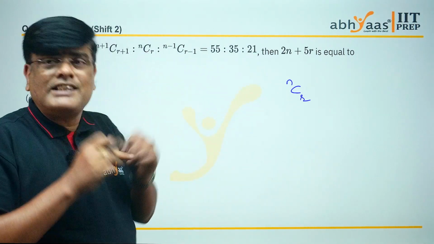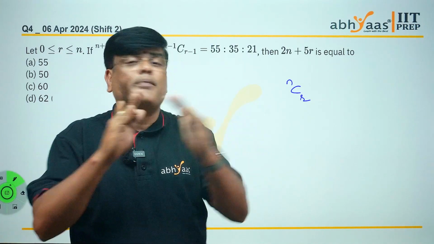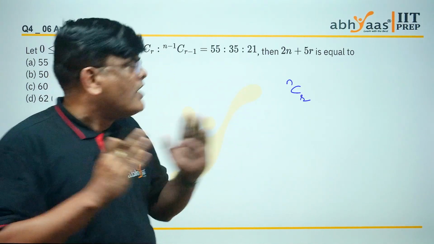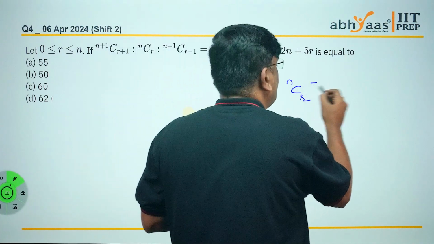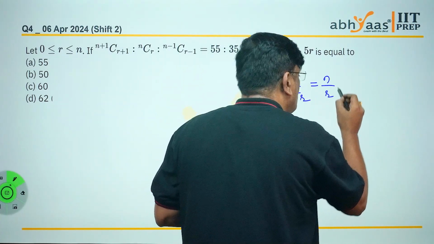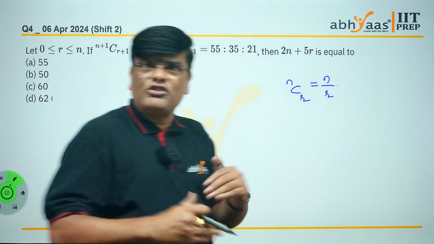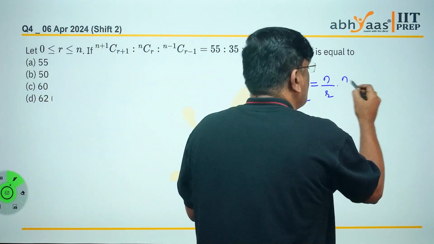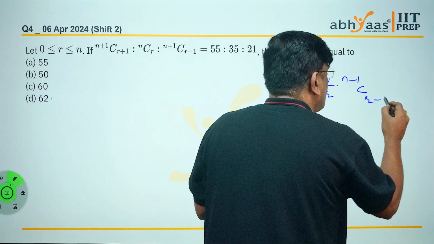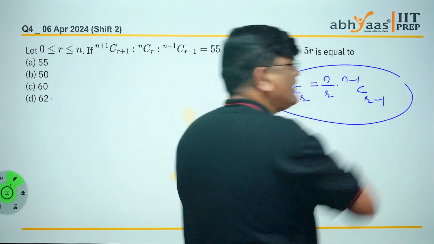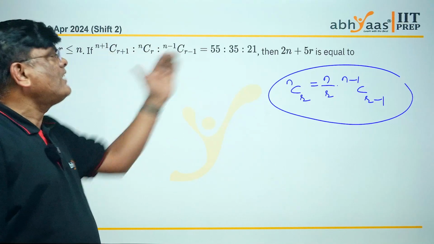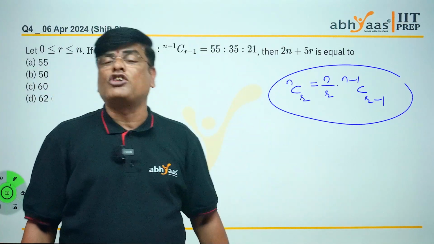If I need n and r separately, we can write it as n/r into, now we have to decrease 1, which is nothing but (n-1)C(r-1). This is an important result. We use this result in finding the values of n and r in this question.